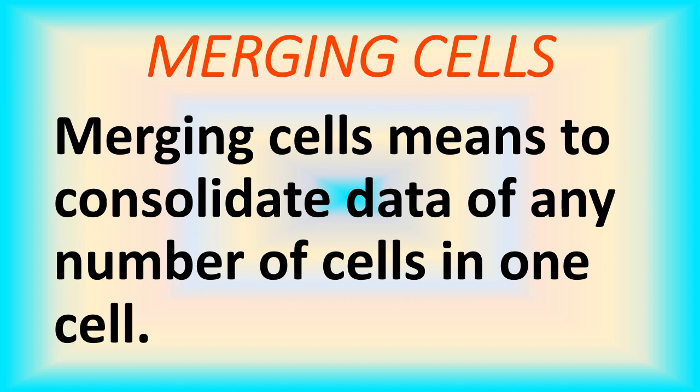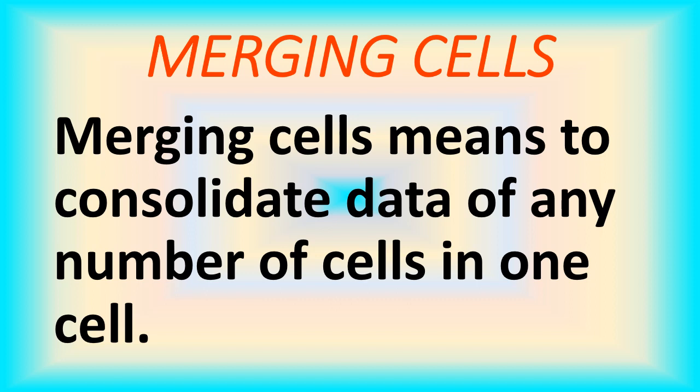So first you should know what the merging of cells is. What do you mean by merging? Merging cells means to consolidate data of any number of cells in one cell.